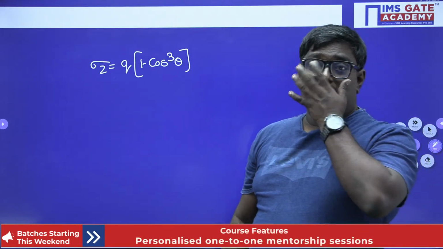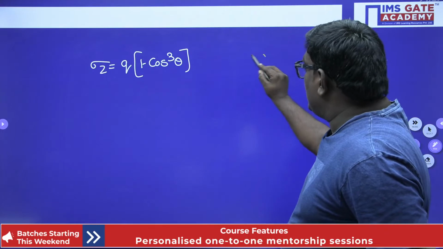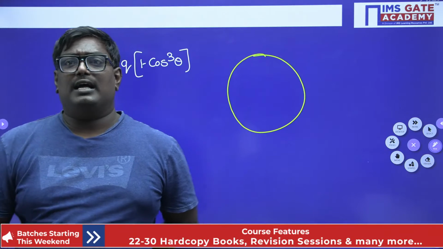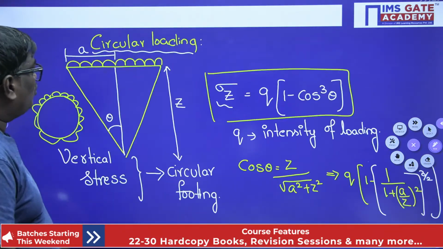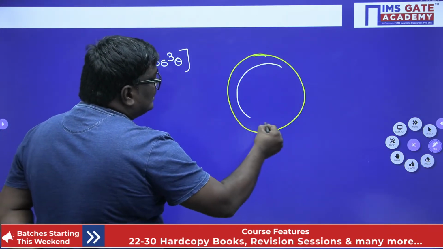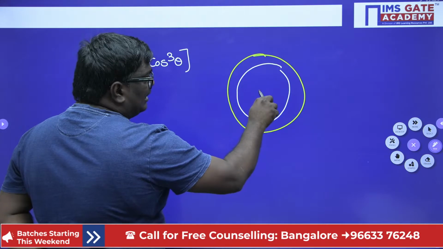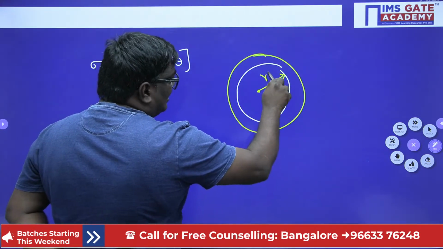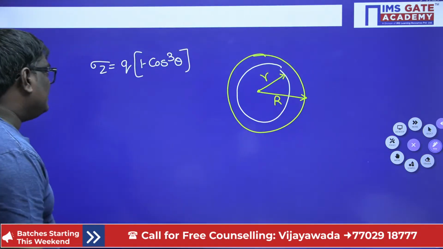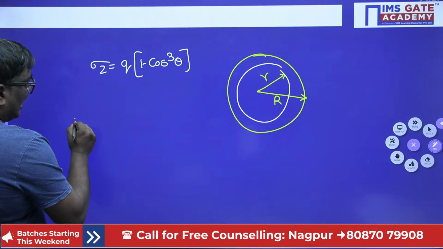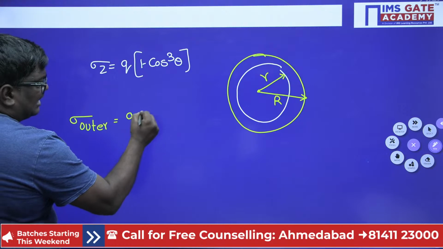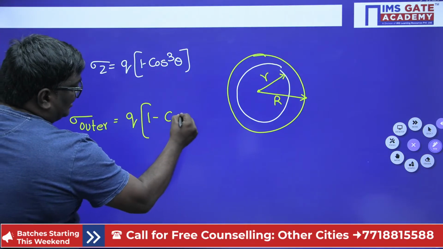Now you can ask me one important thing also, sir. Until now you have told for a circular loading. Suppose you are talking about a ring, that means it will have a radius r and a radius capital R. In this case, calculate the stress of the outer ring, Q into 1 minus cos cube theta 1.